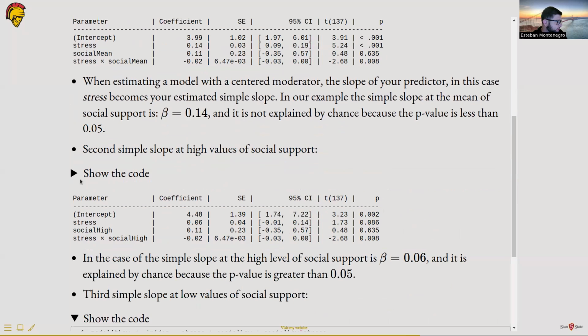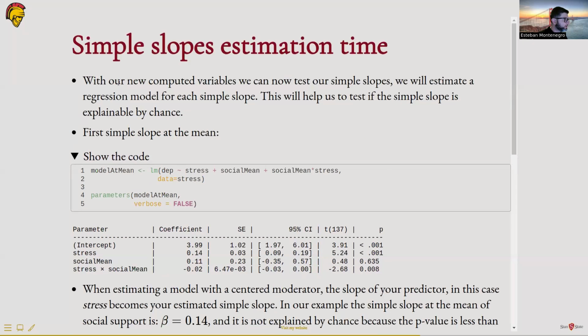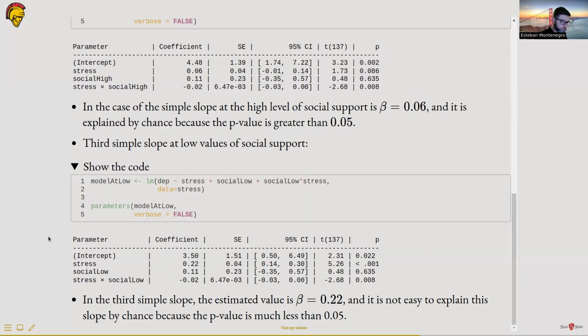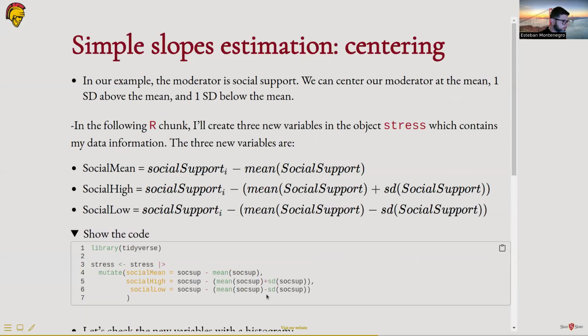Let me check. That's a good thing about having a scripting language with code. You can always check what you did. And that's nice. Now everything looks fine here. Let me check if there's a mistake in the estimation of the columns right here. No, it is fine. Plus 1 standard deviation and minus.